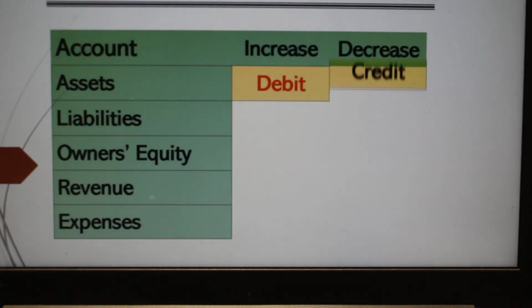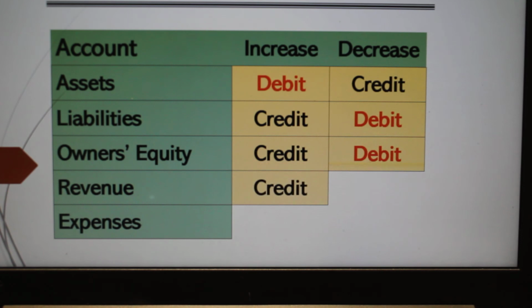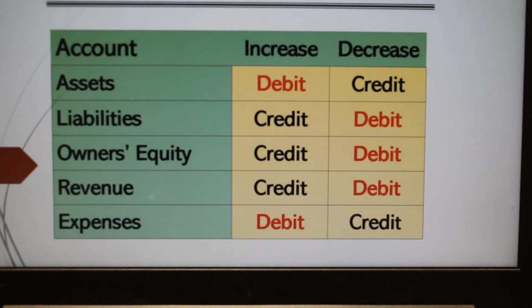Now let's have a look at the rules all together. Again, as we mentioned before, an asset account always increases on the debit side, a liabilities account always increases on the credit side, and an owner's equity or capital account increases on the credit side. Also, a revenue account increases on the credit side. This is so fundamental.